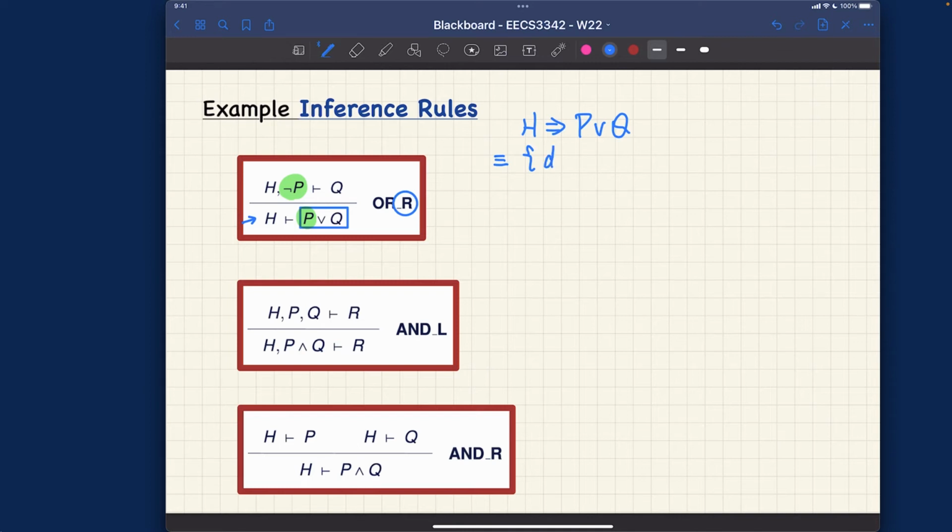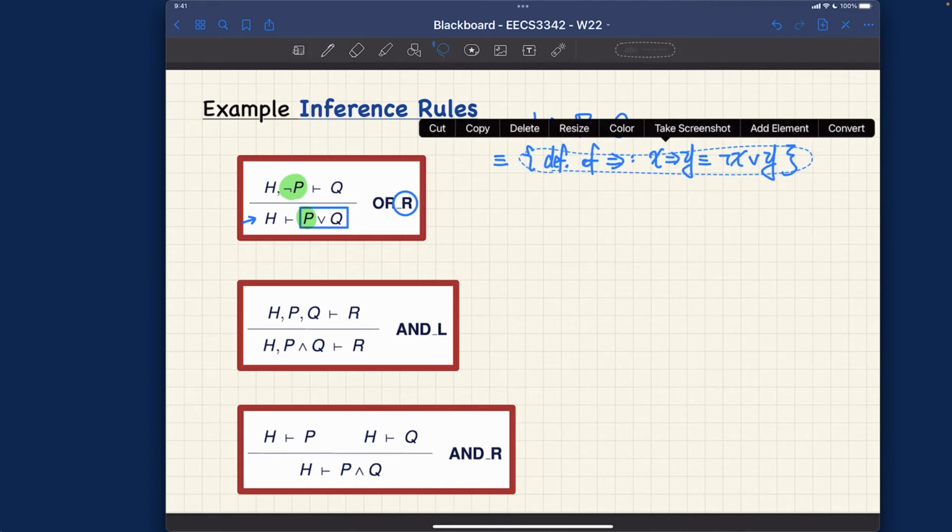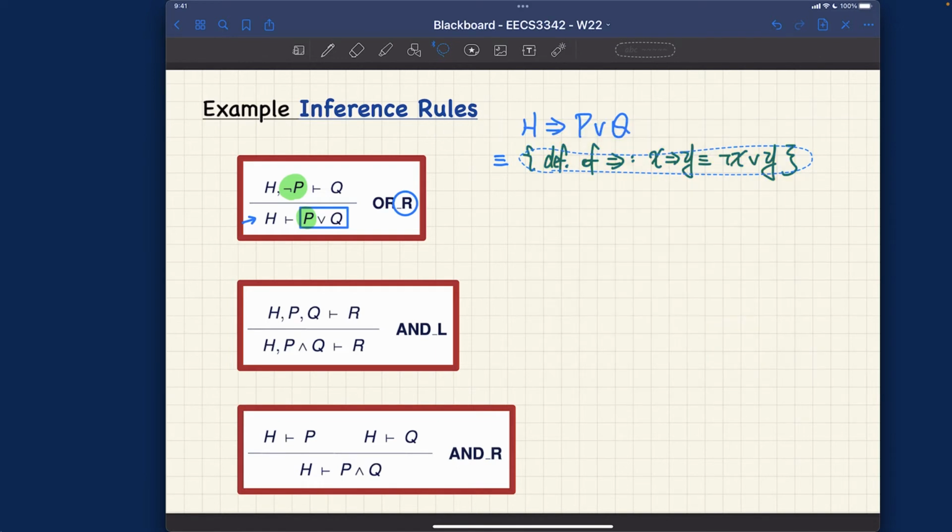So we know the definition of implication. Do you remember what it is? If we got, let's say, X implies Y is equivalent to not X or Y, right? That's the definition you should know actually from your earlier course of math.